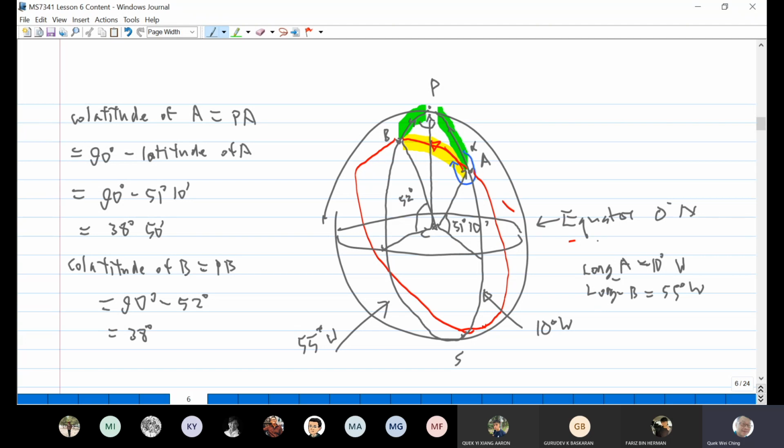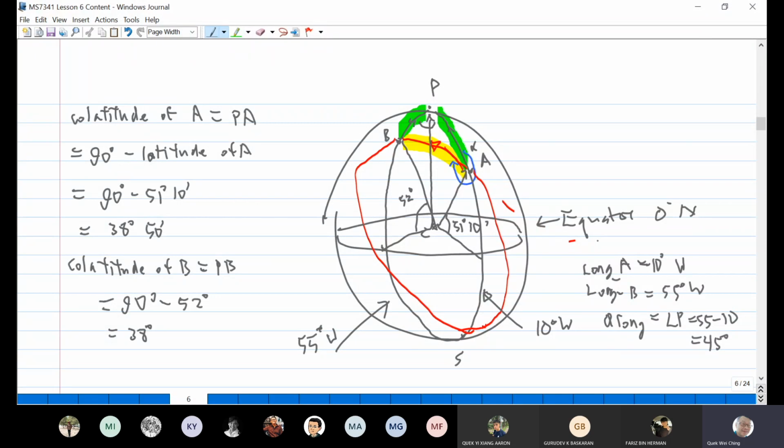So the difference, which is called D long, is the angle P, which is 55 minus 10, which is 45 degrees. Okay, so angle P is 45 degrees.